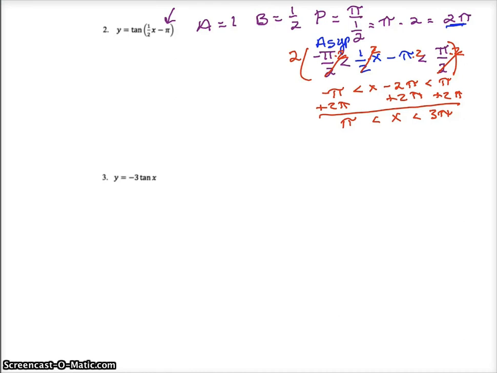So recall that the distance between these two asymptotes should be equivalent to the period. So to check that, if I subtract 3 pi minus pi is 2 pi. So that does match my period. That's a great way to check your calculations.